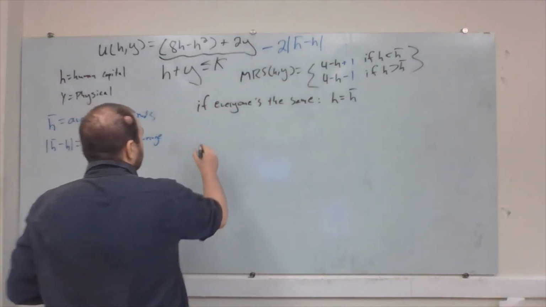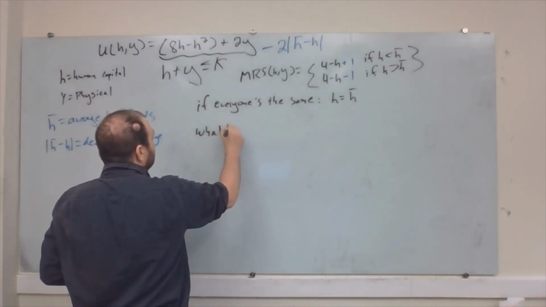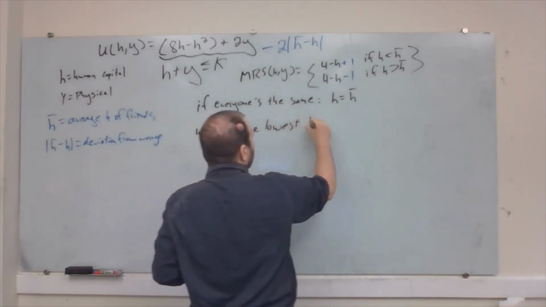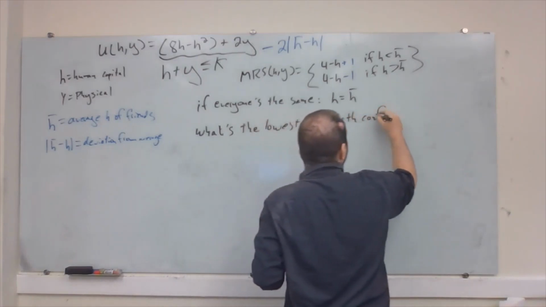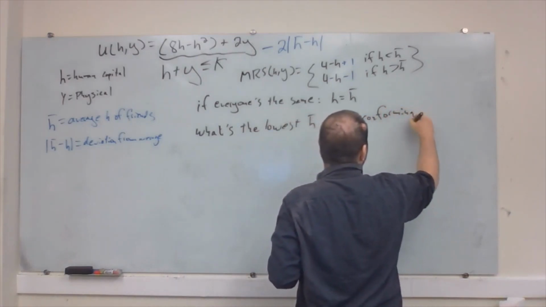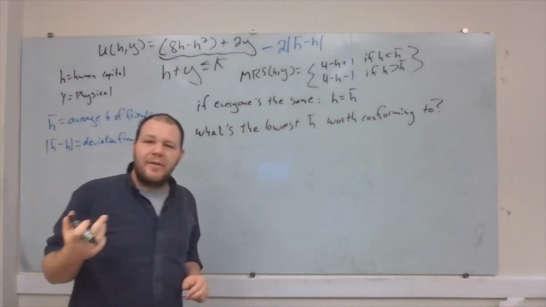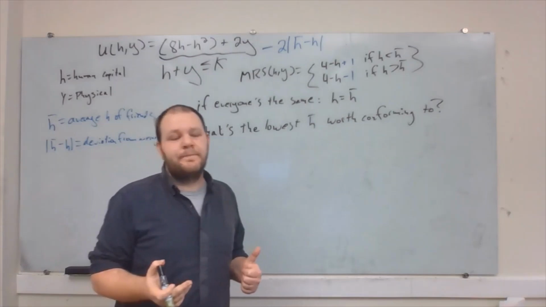So let's start with the first. What's the lowest h bar worth conforming to? Or, another way to think about this, what's the highest h bar not worth conforming to?